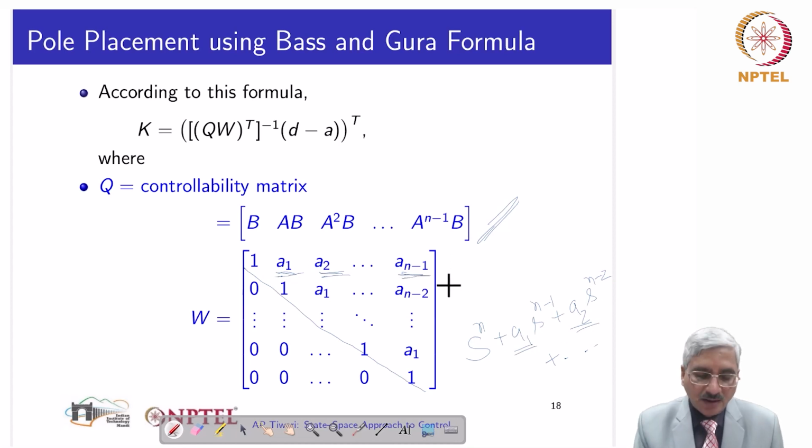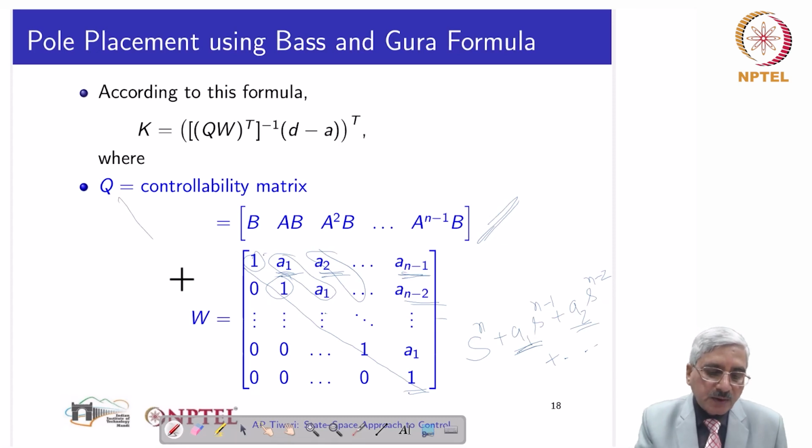The second row is this row pushed by one element. So 1 comes here, A1 goes here, A2 will go here and so on, and it ends with An minus 2. Likewise the third row, etc., and the last row will only contain a 1. So it is an upper triangular matrix formed by using the coefficients of the characteristic polynomial, and Q is the controllability matrix, as I told.